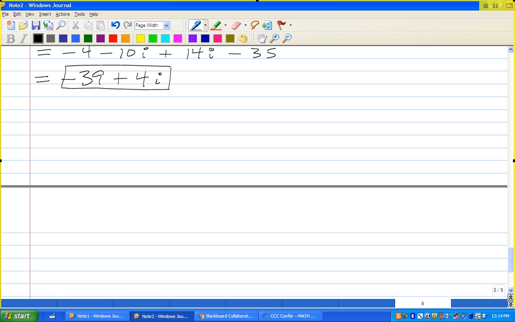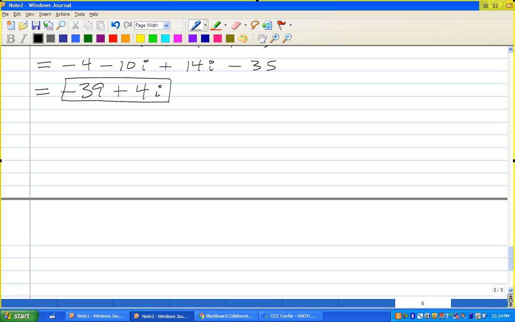Let's do problem number 36. 7i times 2 plus 3i minus negative 4 plus 5i. Okay, so let me just get rid of the parentheses here.